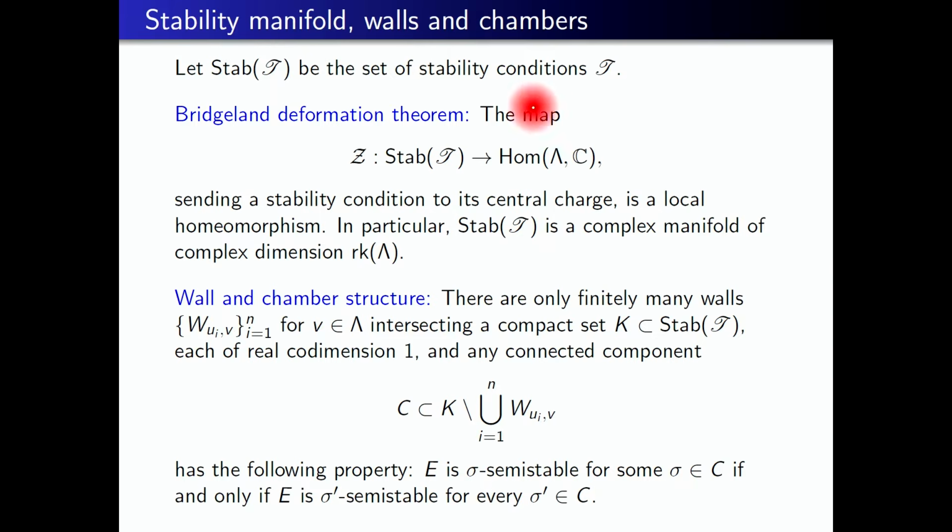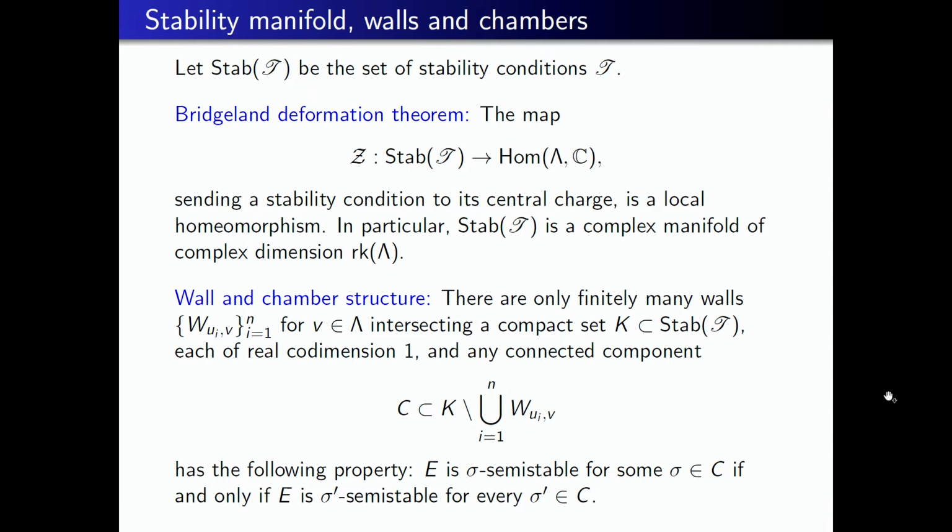So this is just a big C^n, C to the rank of the lattice, or the dimension of the lattice. So in particular, it follows that Stab is a complex manifold of complex dimension given by the rank of the lattice.